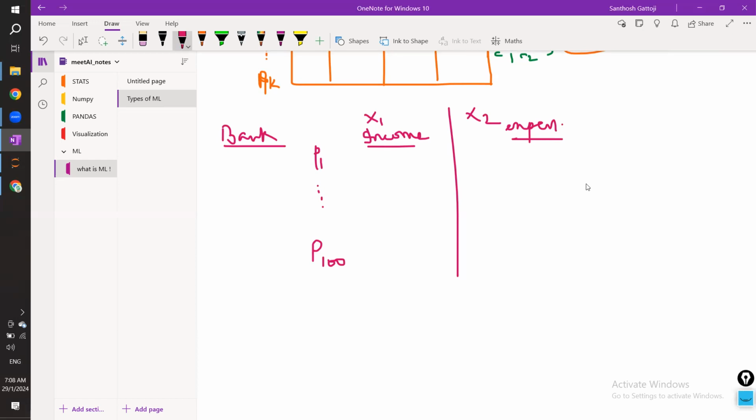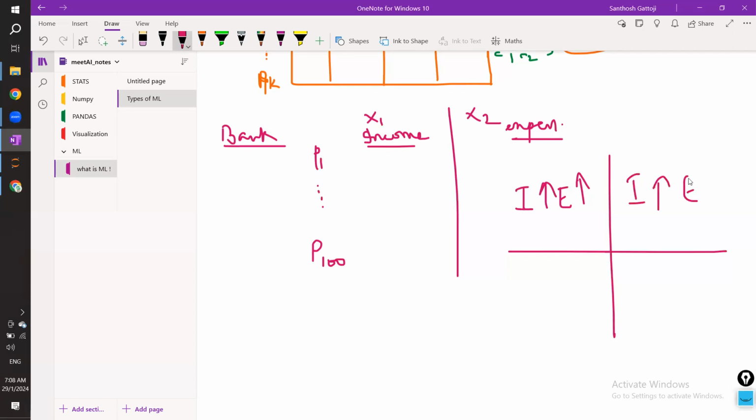Usually what happens here is that this data will be clustered into different clusters. Let's say it is divided into 4 groups: income high, expenditure high; income high, expenditure less; income less, expenditure high; income less, expenditure also less.